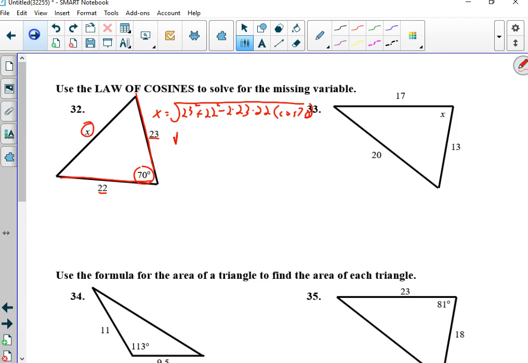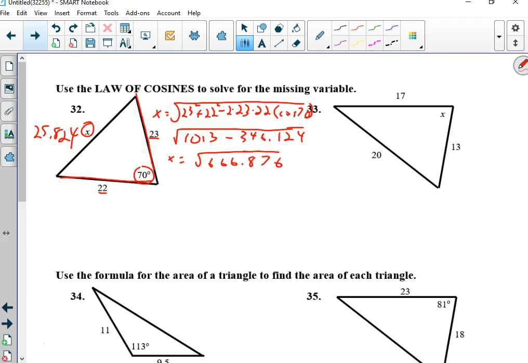Now, I like to take baby steps. I like to do this first part, 1013 minus 346.124, which gives me x is equal to the square root of 666.876, depending where you round. And that gives me a side of 25.824. Which makes sense, 25 squared is 625.